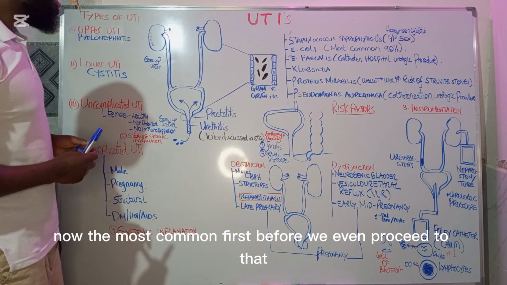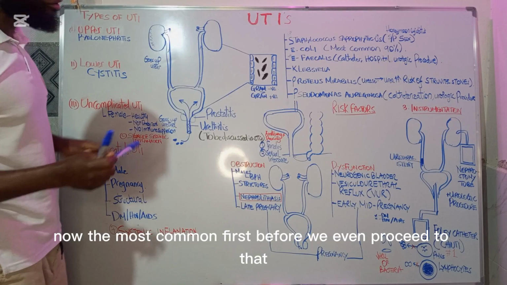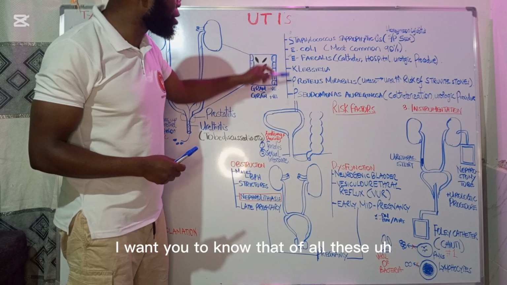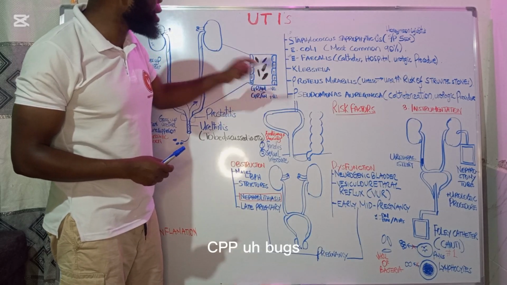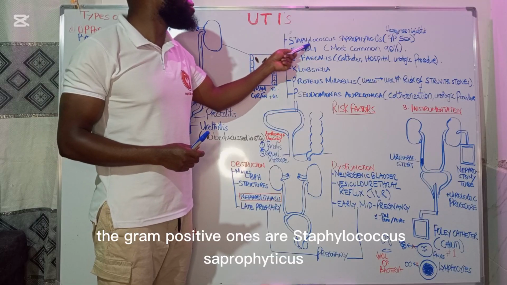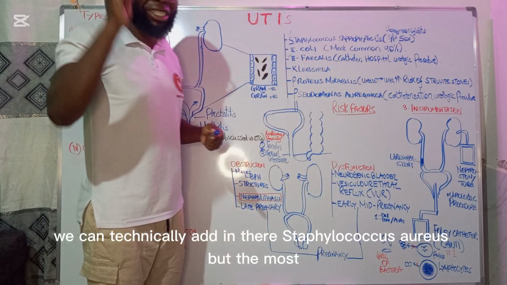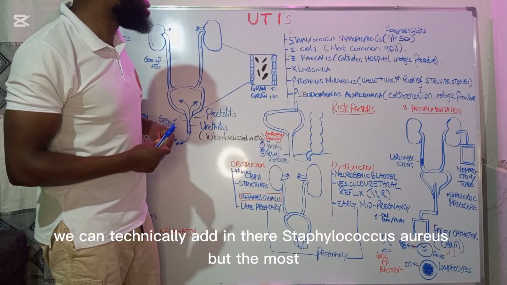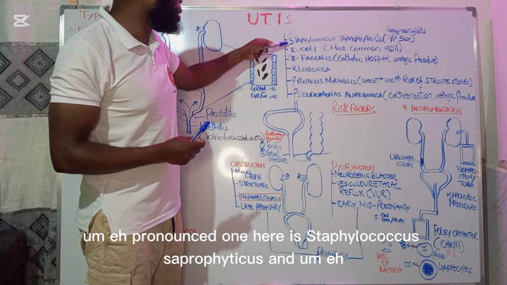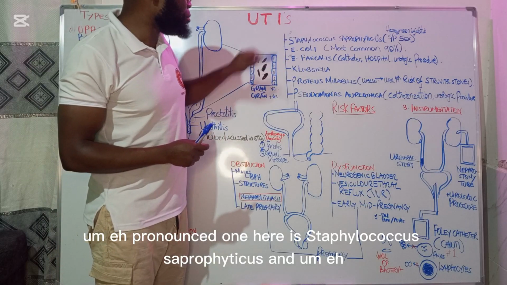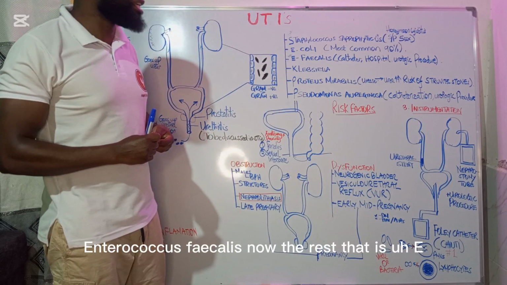Now, before we even proceed, I want you to know that of all these sick PP bugs, the gram-positive ones are Staphylococcus saprophyticus. We can technically add in Staphylococcus aureus, but the most pronounced one here is Staphylococcus saprophyticus and Enterococcus faecalis.